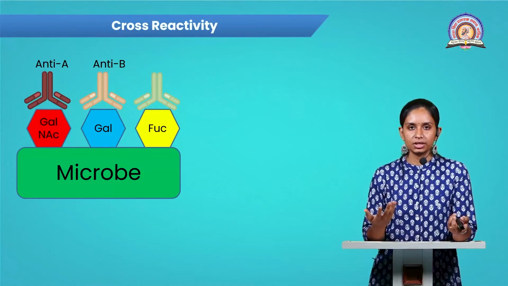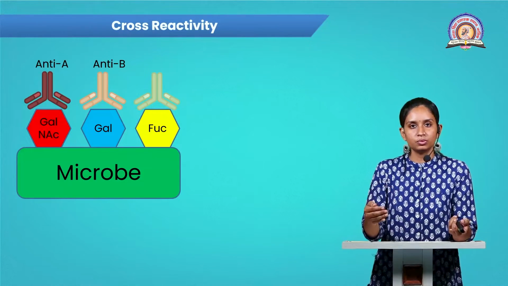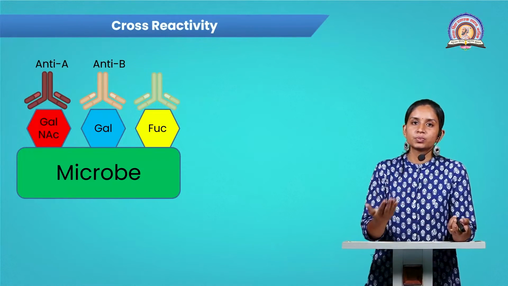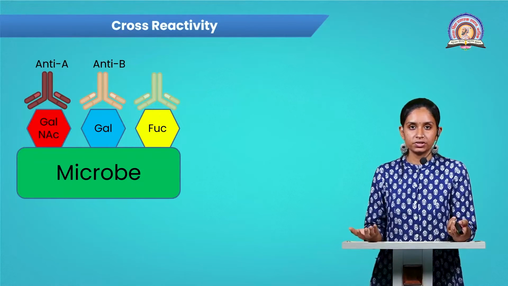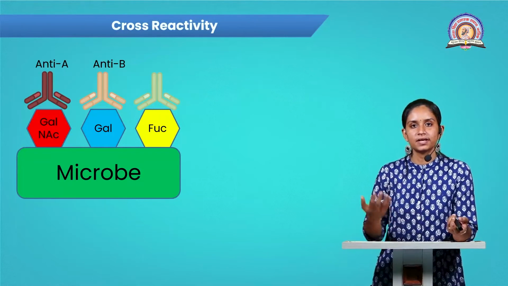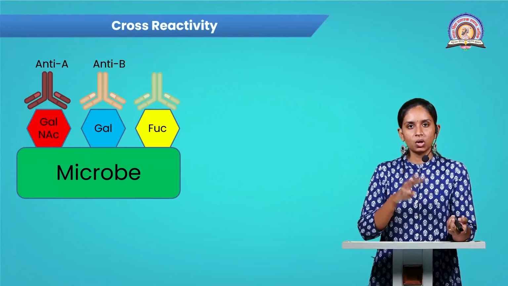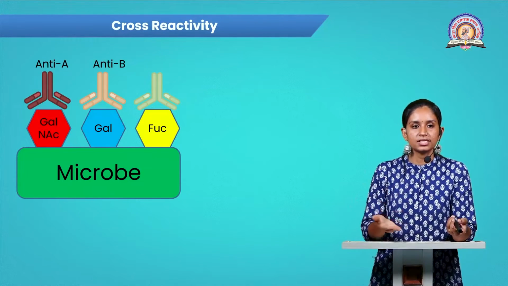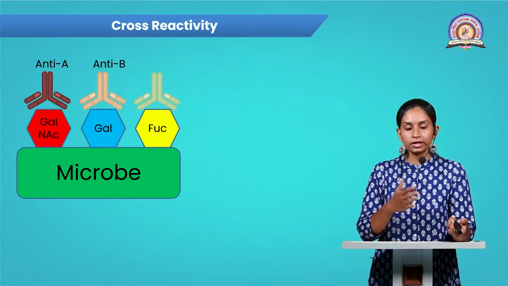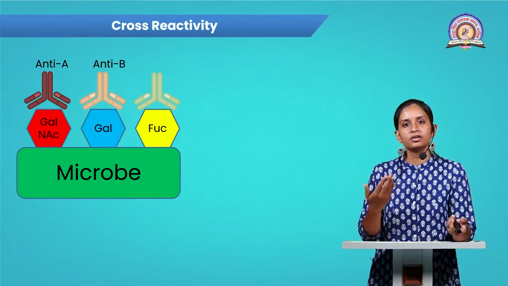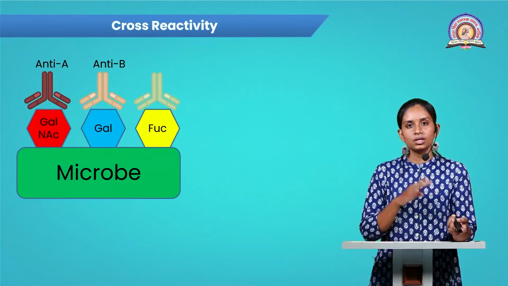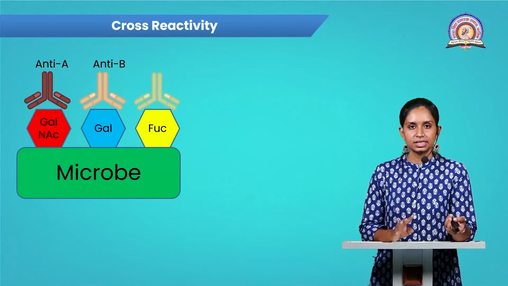So during the development of the immune system, your cells get exposed to these microbial antigens and start synthesizing antibodies against all three residues, that is N-acetyl galactosamine, galactose and fucose. So all these three antibodies will be synthesized.